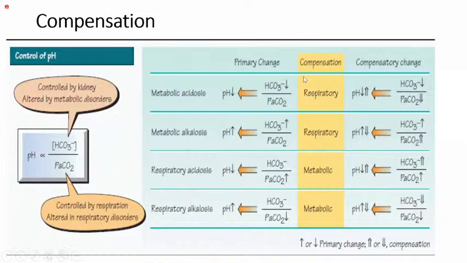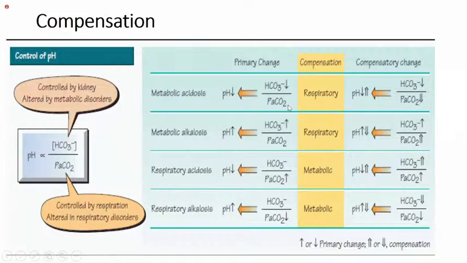Back again, when you've got a metabolic acidosis, you expect your pH to be low. It is a metabolic process, so the primary alteration is in your bicarbonate, and your bicarbonate is low in metabolic acidosis. So how does your body compensate? Remember in this equation, if that goes down, to maintain the ratio that one should also go down.